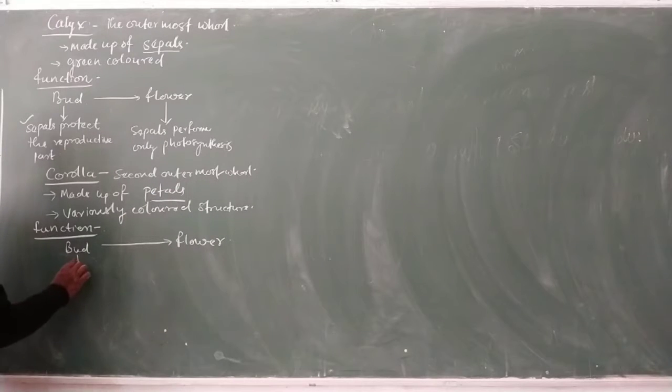During the bud condition, it also plays the same role as the calyx, protecting the inner parts of the flower.